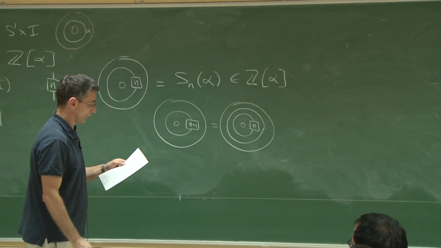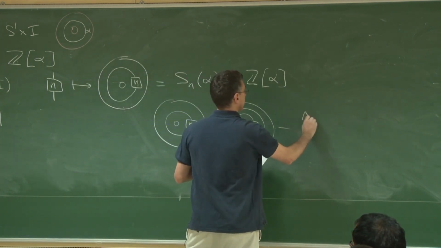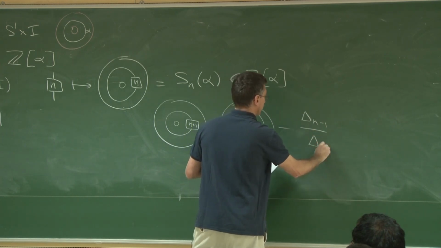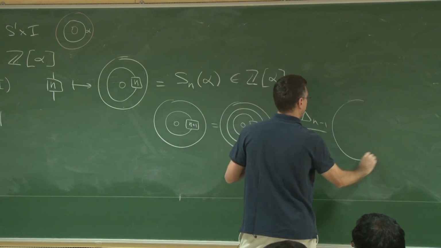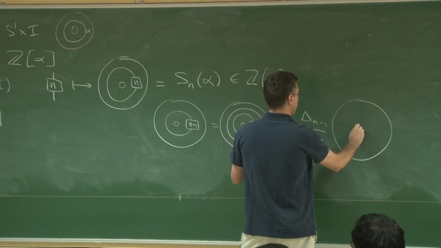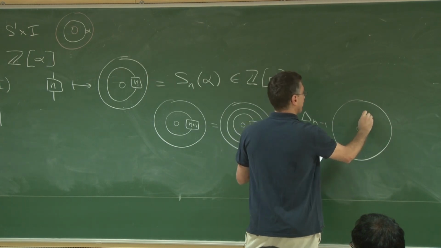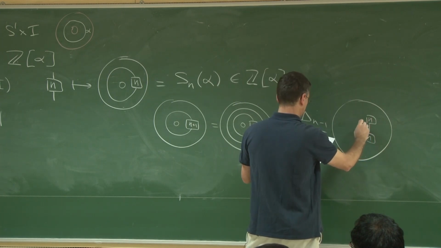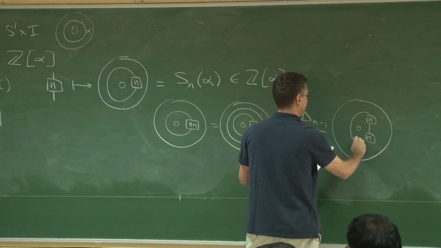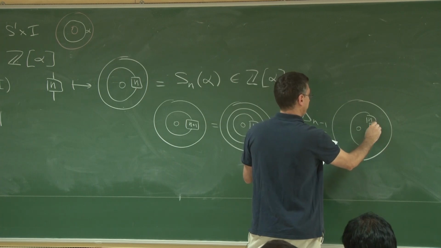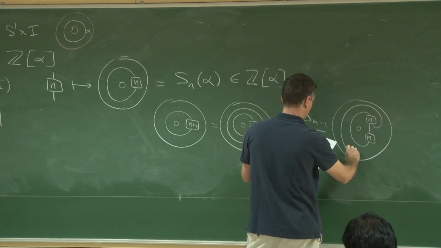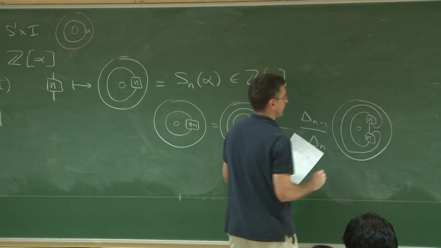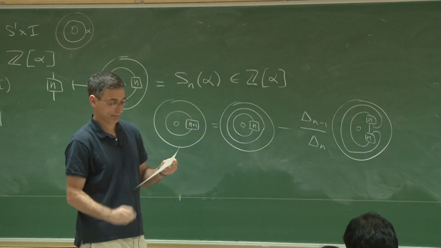This guy minus delta n minus 1 over delta n of this guy. All right, something like that.